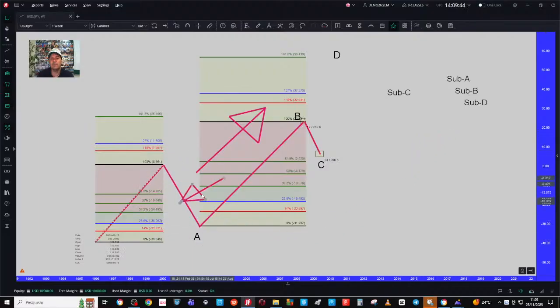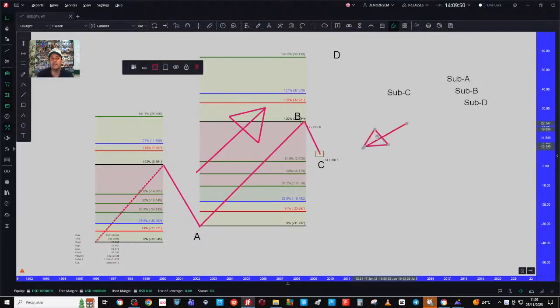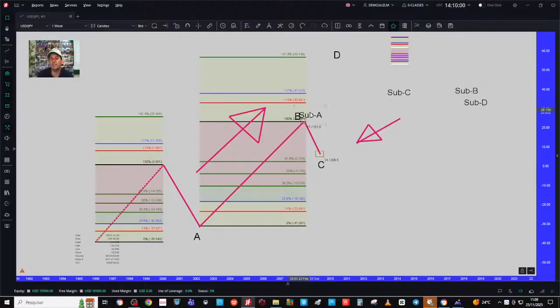In an up Fibonacci sequence, the A is the first low, the absolute low, the starting point. In a down Fibonacci, talking about the contrarian, the sub A, everybody, is the first high, the absolute high, the highest high, the starting point of a sequence.